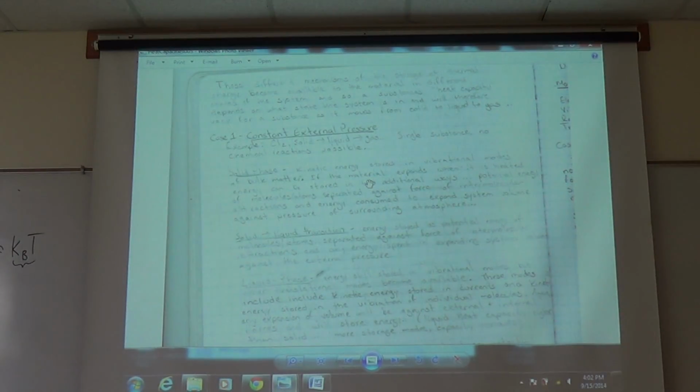Right? So if the pressure is force over area, then your total force is going to be pressure times the area. So if you have a total pressure P external on this thing, and you want to turn it into a total force, it's going to be that pressure times the area. And the work or energy expended is equal to the force times the distance.